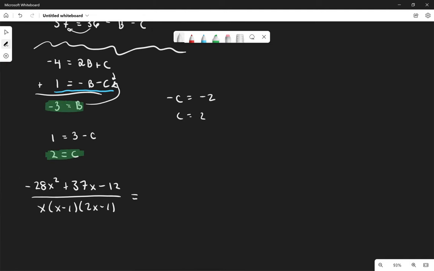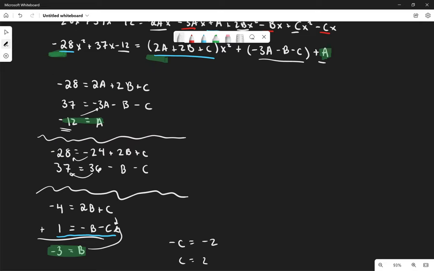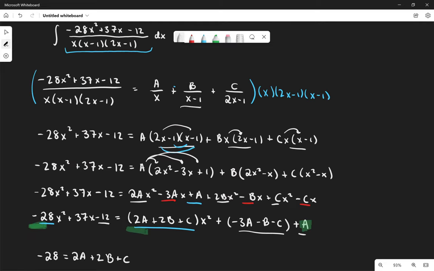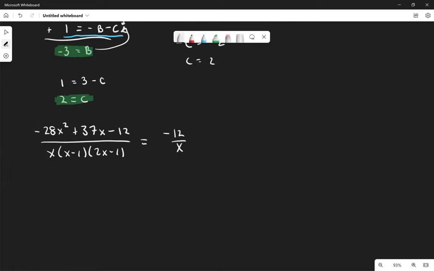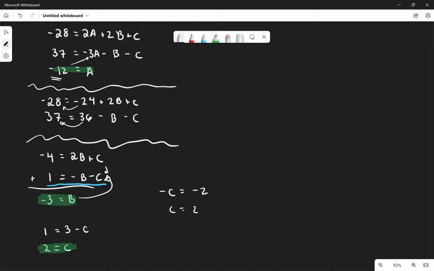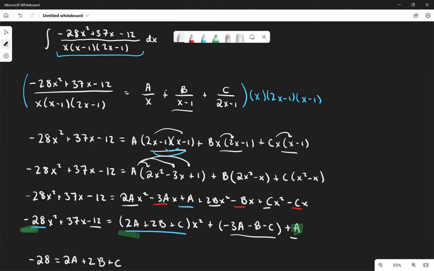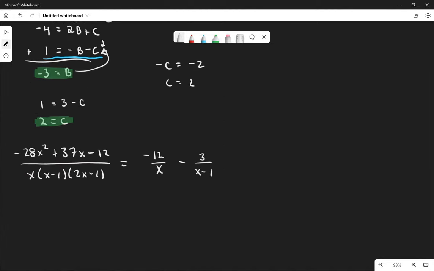A is negative 12. B is negative 3. Negative 3 over x minus 1. And then c over 2x minus 1. C is 2.